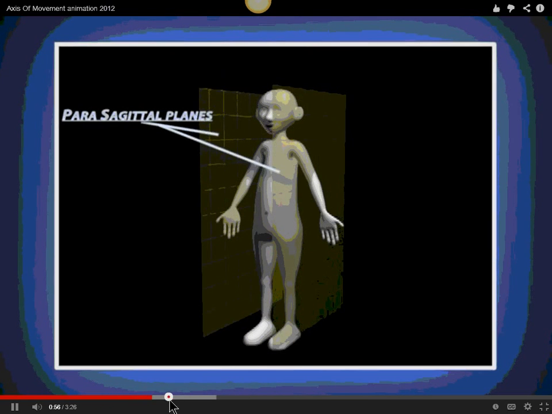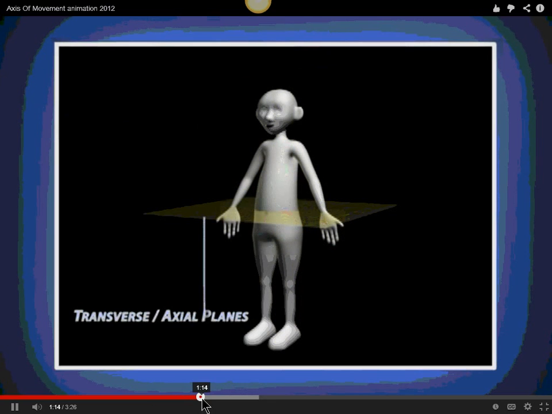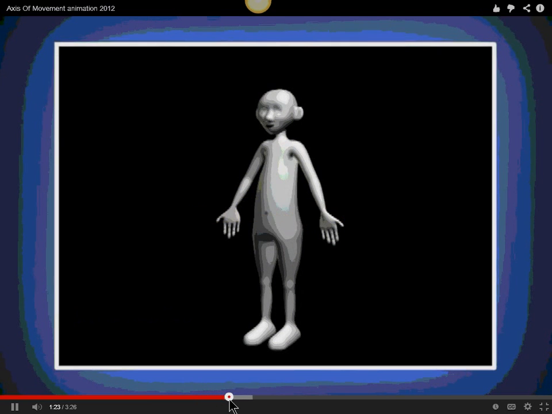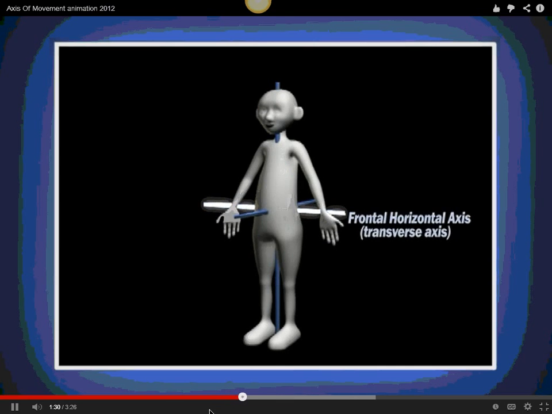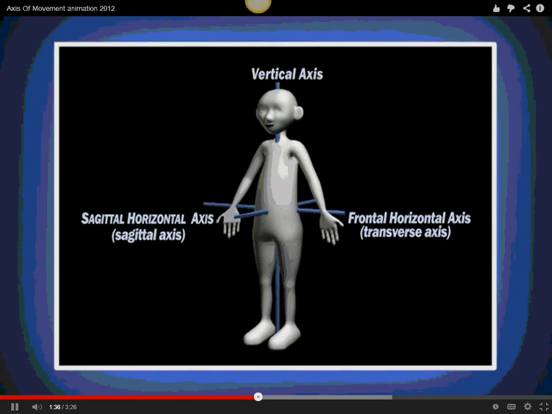Other sagittal planes is referred to as the top and bottom portion. They are human plane about an axis. There are three axes that we will be discussing: the frontal horizontal axis, the sagittal horizontal axis, and the vertical axis.